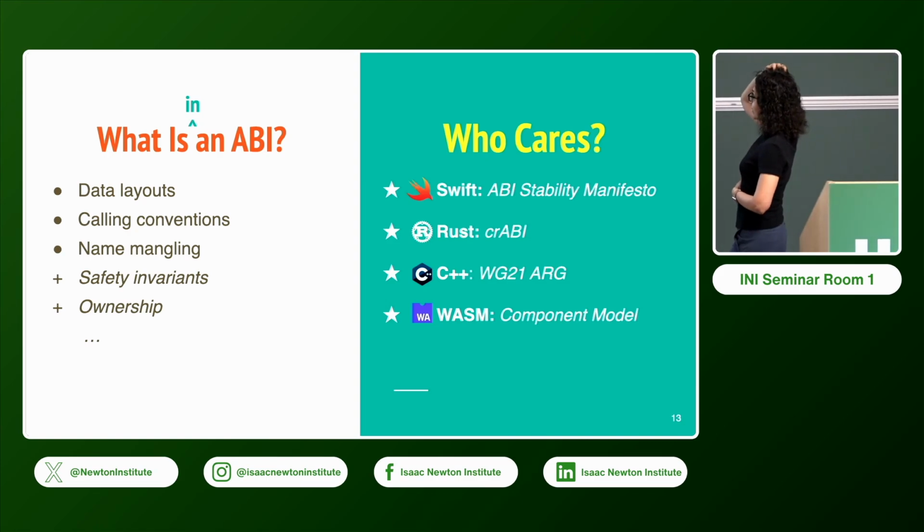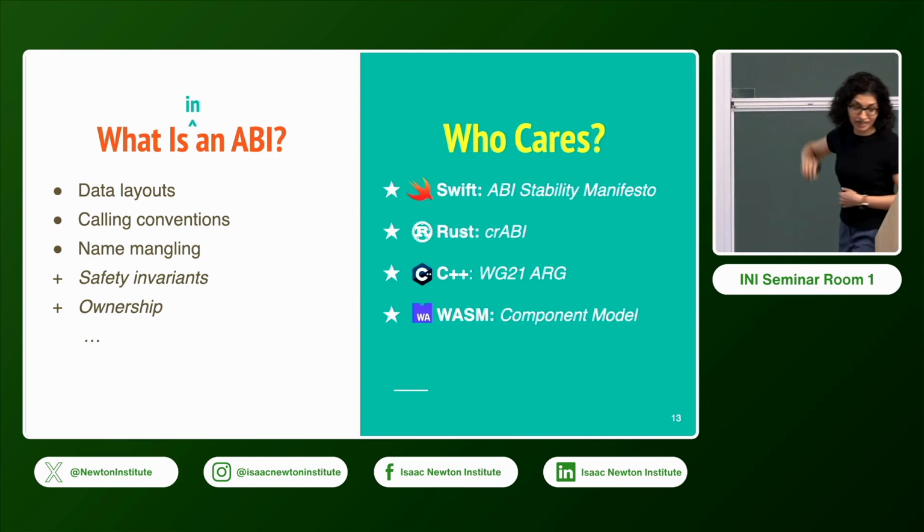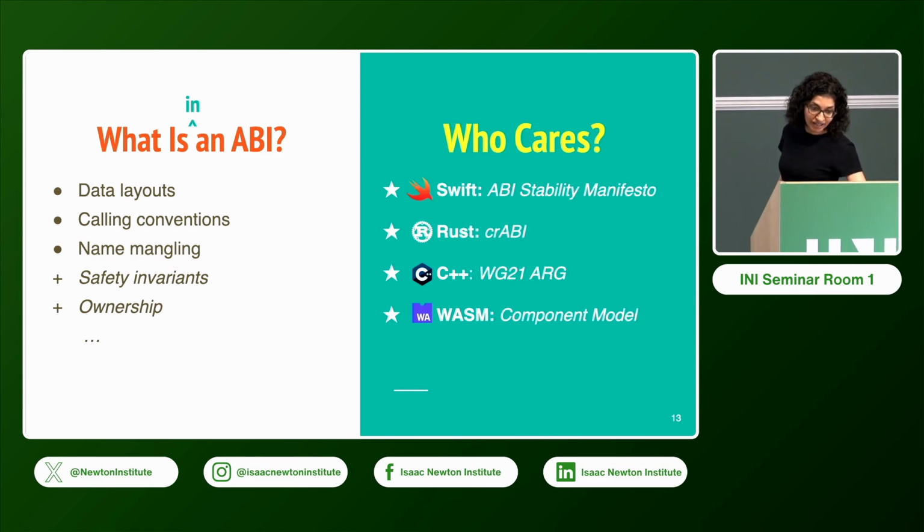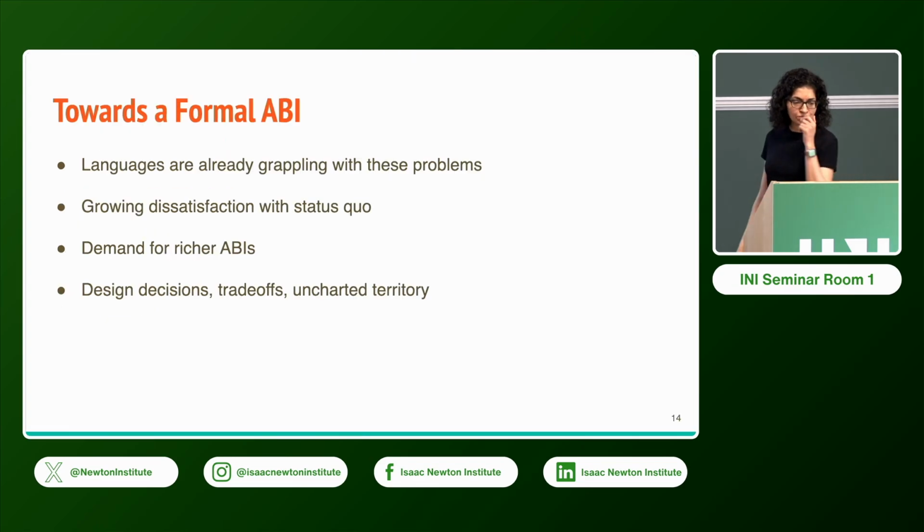So who cares? A lot of different languages do care. I just talked about the ABI Stability Manifesto from Swift. For Rust, there's an effort called Krabby going on, and then for C++, the WASM component model is in some sense an ABI.